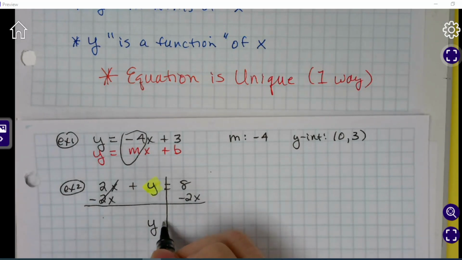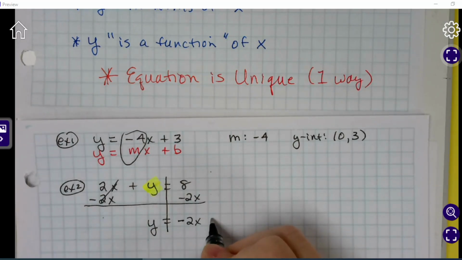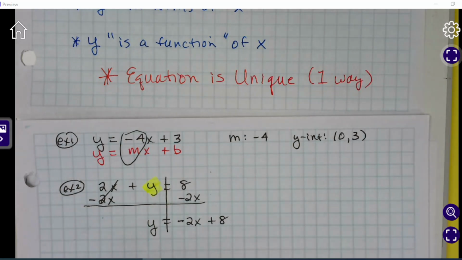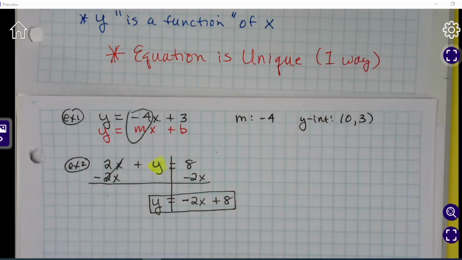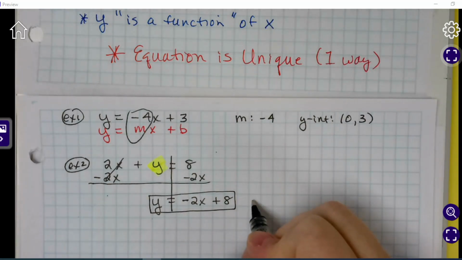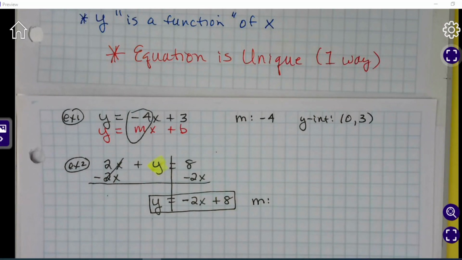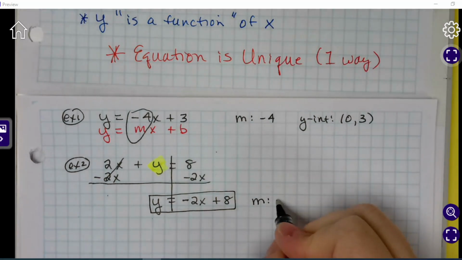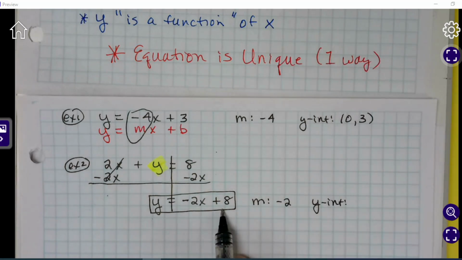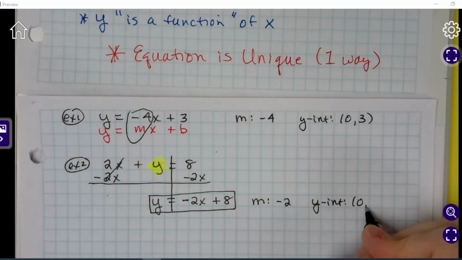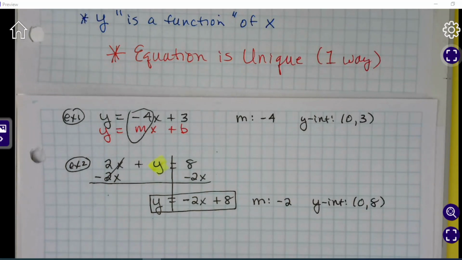You get y equals negative 2x plus 8. You got to put the plus in between. And yes, that is in the right form. So pulling off my information, the slope is a negative 2. The b value is 8, so my y-intercept is 0, 8.